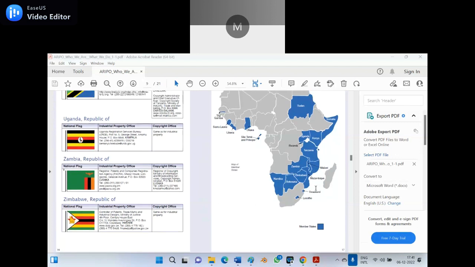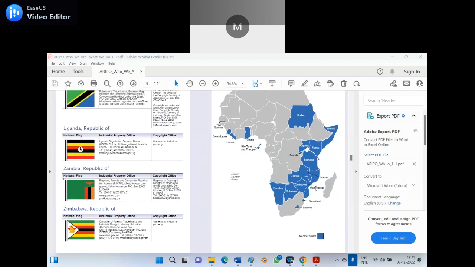So these are the areas. Yes, very small countries like the Gambia, and Sao Tome and Principe, they are islands. And the member states of this ARIPO are clearly given in blue ink.